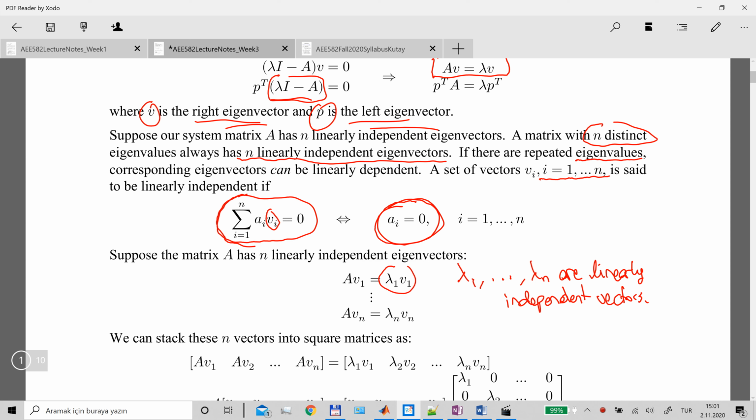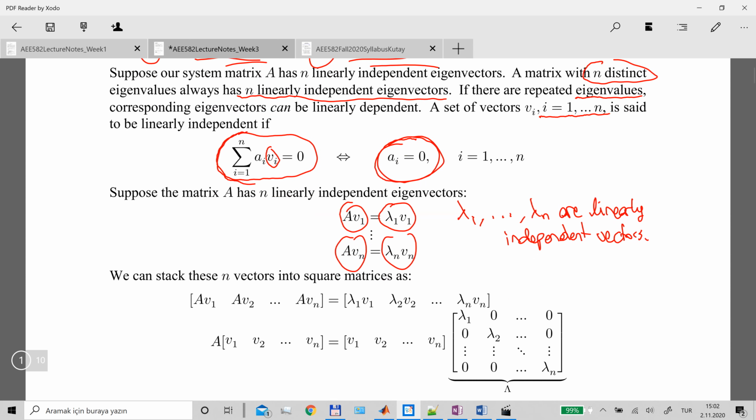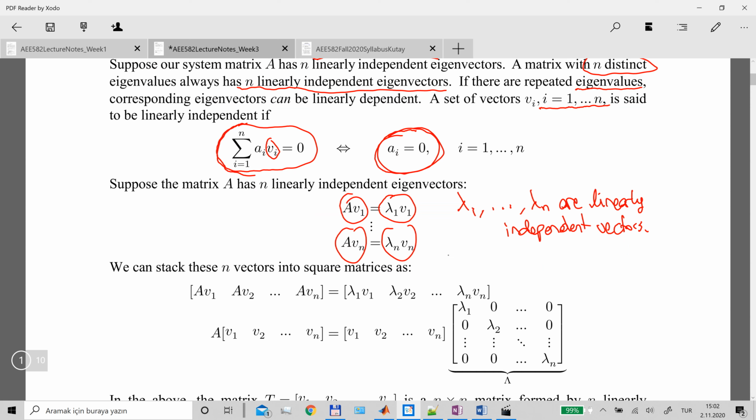So the right hand sides of these equations are vectors, and so are the left hand sides. So you can take these vectors on the left and right hand sides and stack them into matrices. So you take these n vectors and form an n by n matrix on the left, and likewise you combine these n vectors on the right and put them into another n by n matrix on the right.